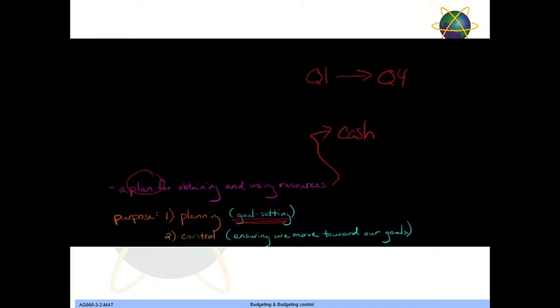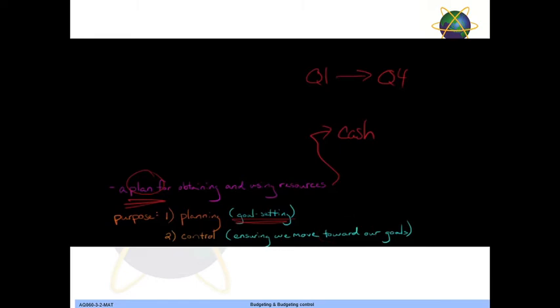But all these goals and the plan and all this really means nothing if we don't have this aspect of control to our budgets. And what we're talking about with control is we want to make sure that after we've made the plan, the employees are moving toward the goals, right?